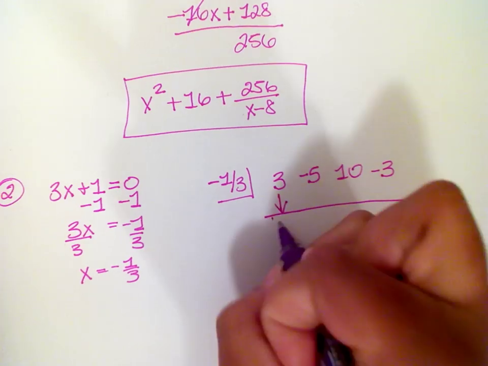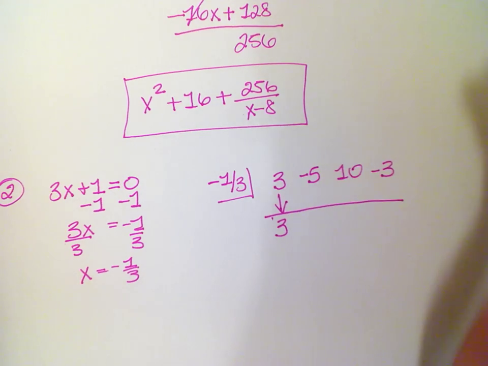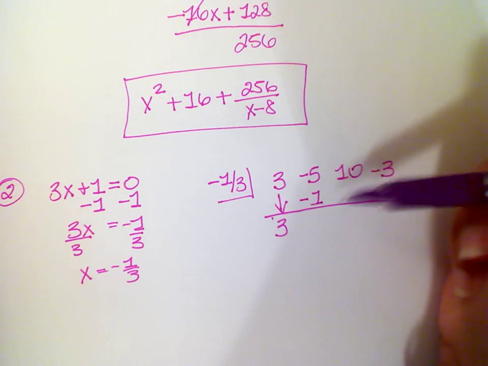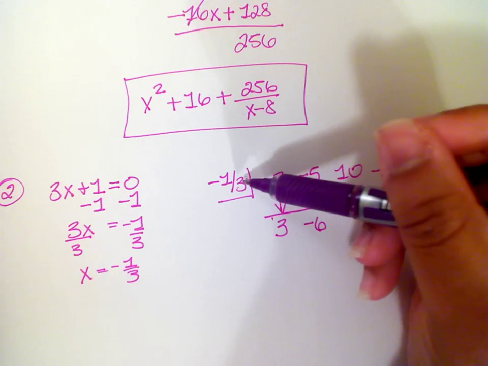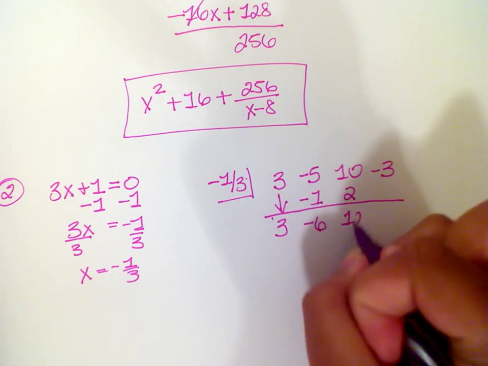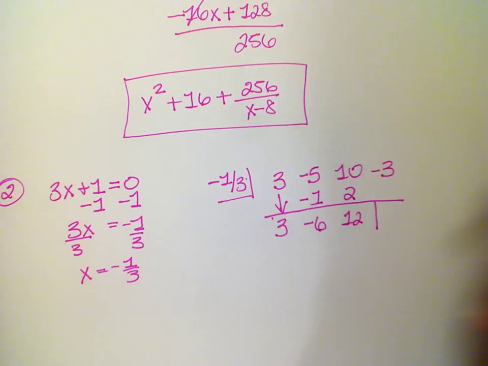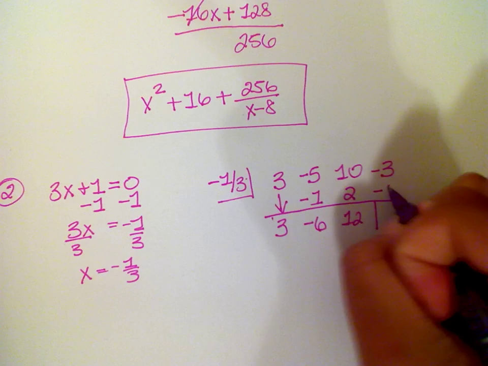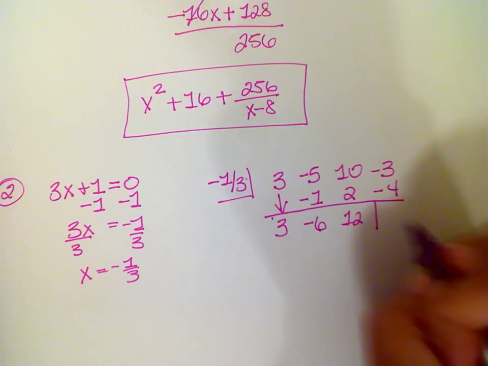So 3 comes down, and then we multiply. So 3 times negative 1/3 gives us negative 1. Negative 5 plus negative 1 is negative 6. Negative 6 times negative 1/3 is positive 2. 10 plus 2 is 12. 12 times negative 1/3 is negative 4. Negative 3 plus negative 4 is negative 7.